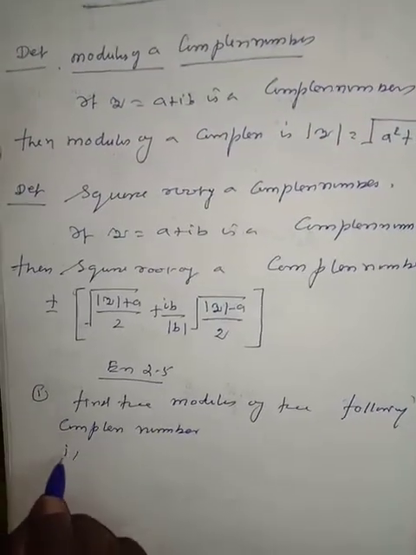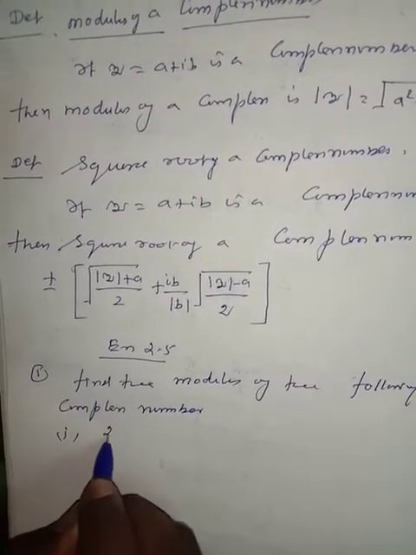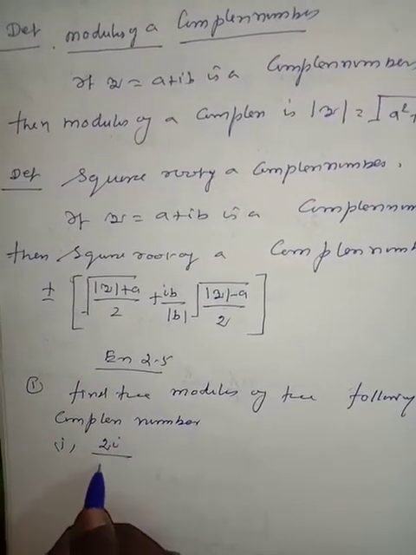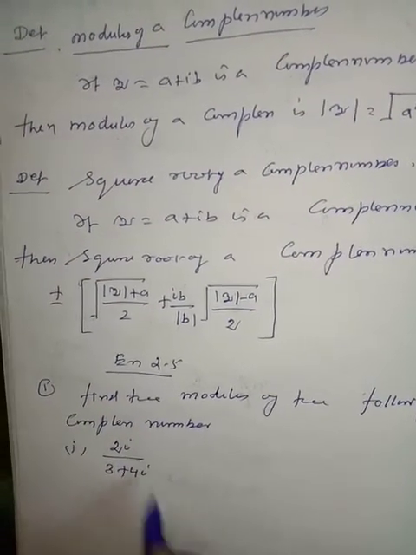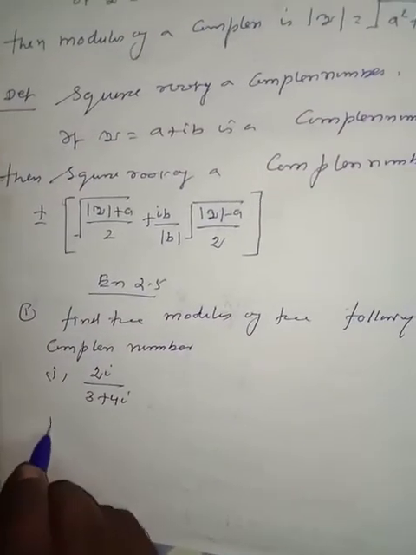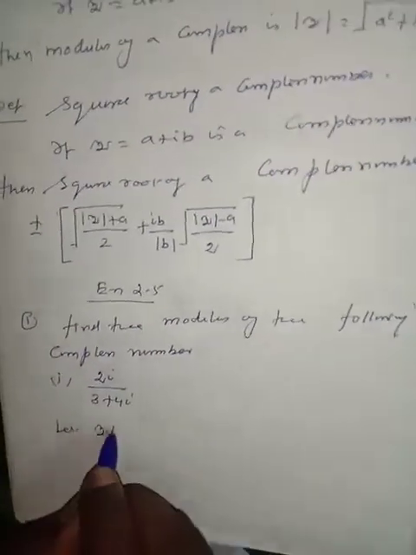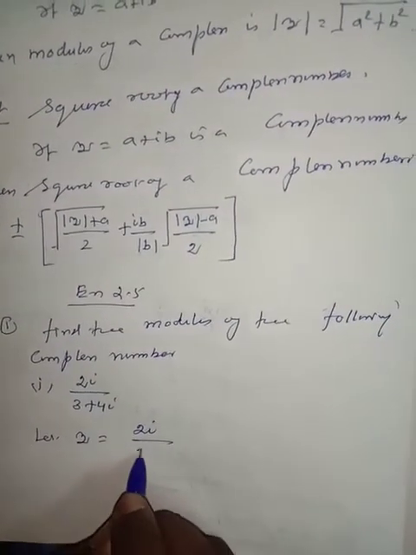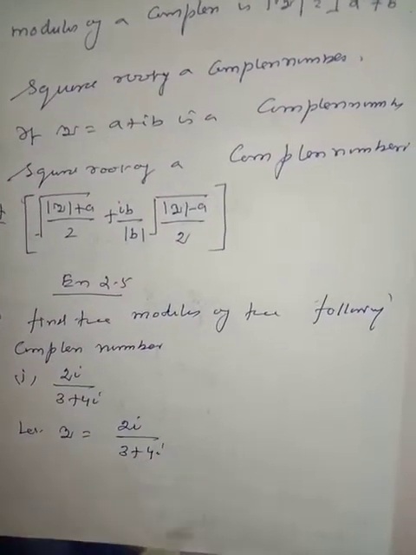Number 1: 2i divided by 3 plus 4i. Let z equal 2i divided by 3 plus 4i.